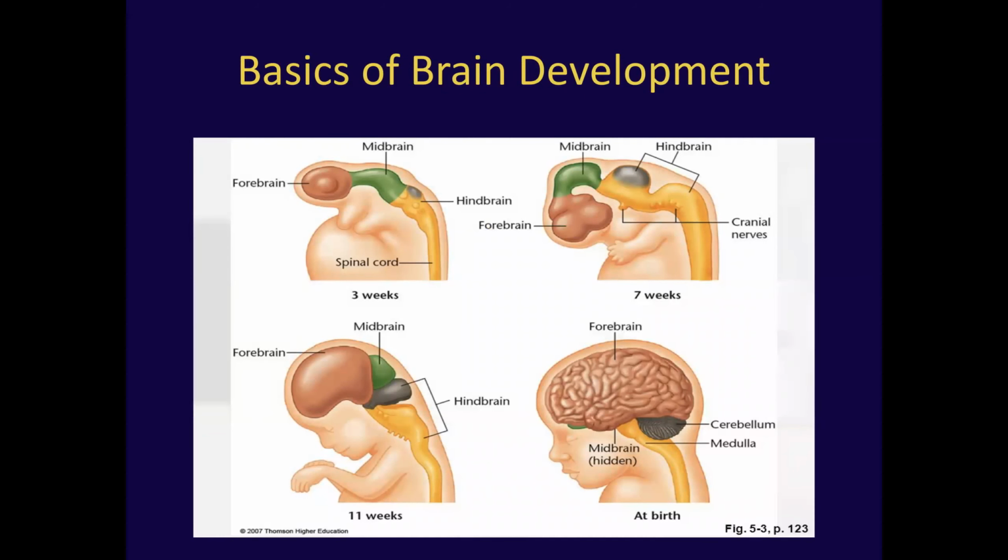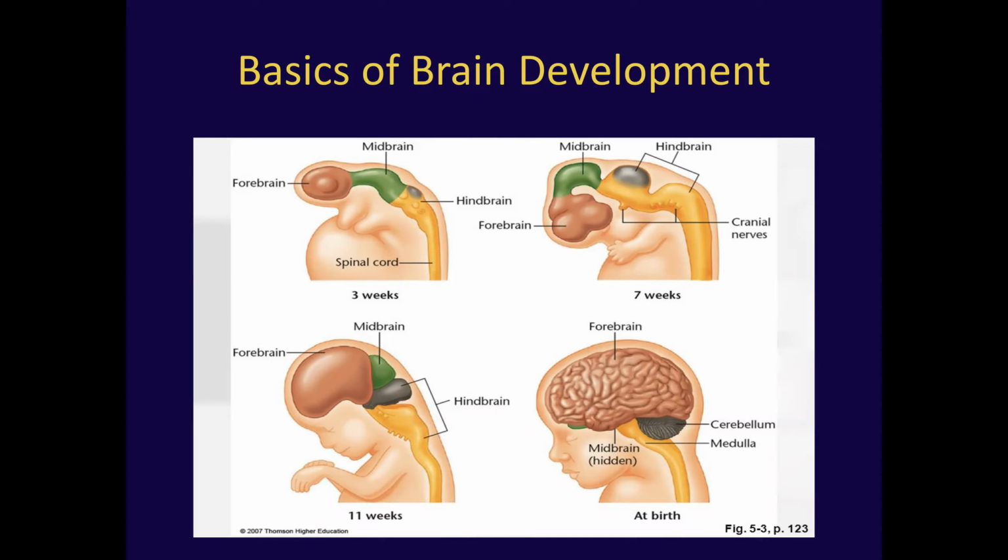Just to start off with an introduction of brain development, this is an image of what the brain typically looks like from 3 weeks prenatal stage to birth. Typically when we think of the brain, we think of the lower right-hand picture, but the brain doesn't start off looking like that.